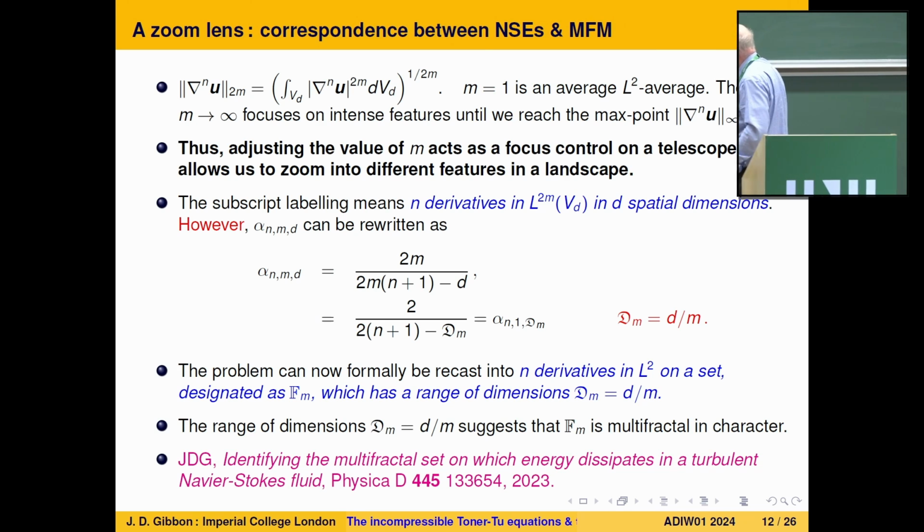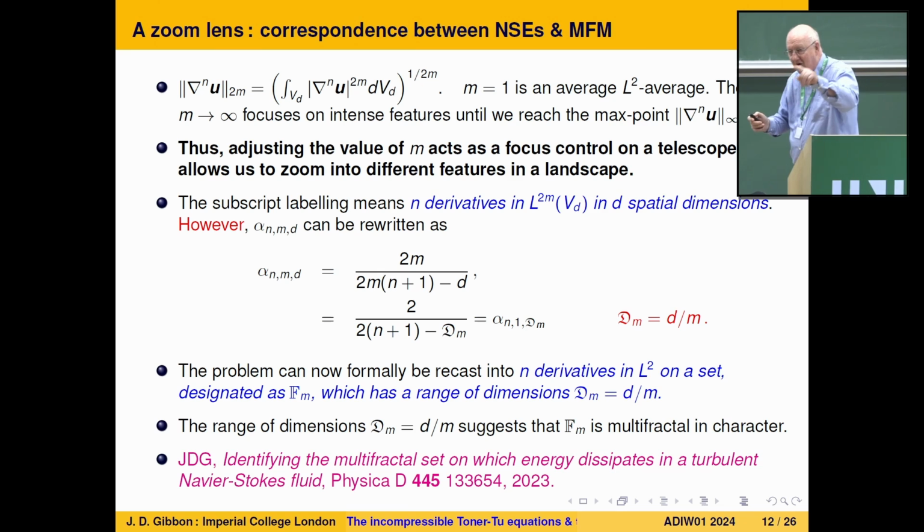And now here's the trick to get a correspondence with the multifractal model. This alpha that I showed you earlier, I can just divide by M and write it as 2 over 2 into n plus 1 minus d, the box dimension, and it's now d over m, so I call that curly d.